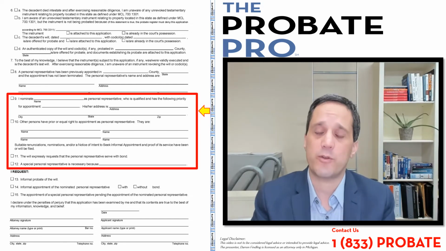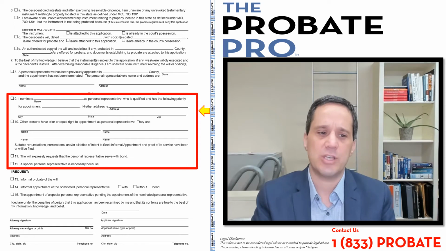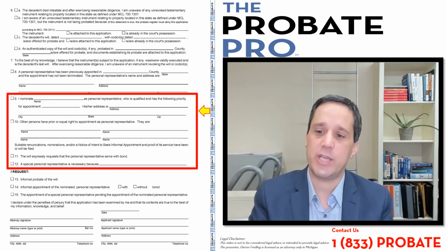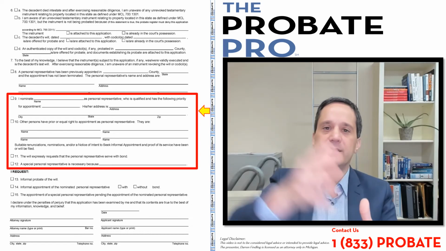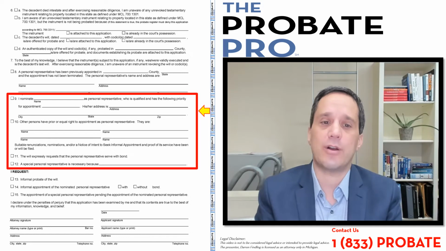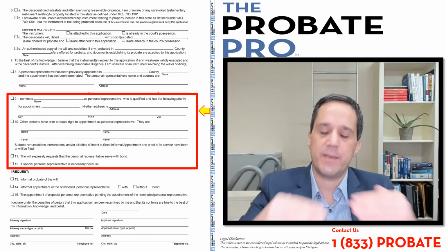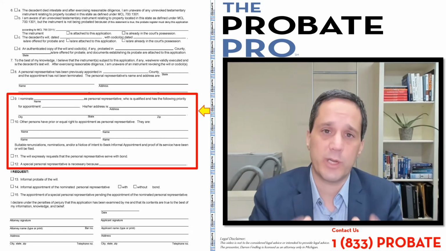Section 12 is whether a special personal representative is needed. And again, it doesn't happen all that often in an application context, because often in an application process, the appointment occurs quite quickly, rather than it being scheduled for a hearing many weeks or even maybe months later. The application often is filed with the court, and then a personal representative gets appointed quite quickly.